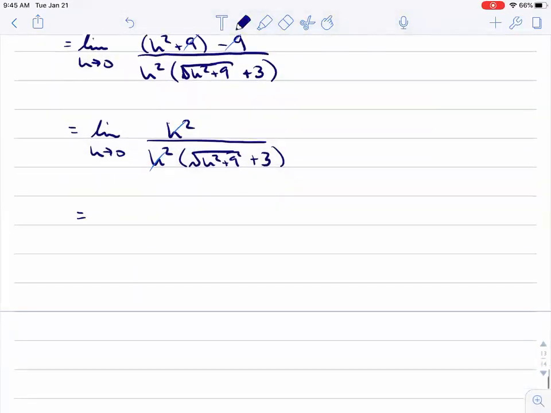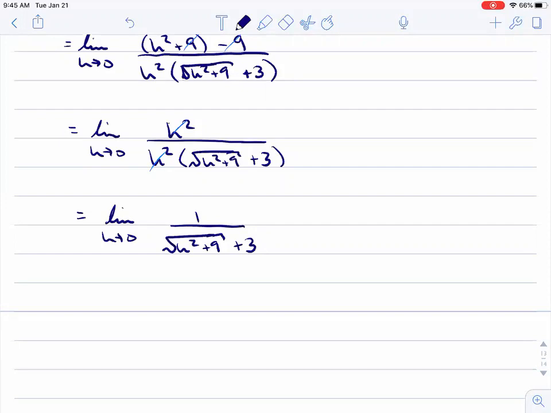Well, this is the same as the limit as h goes to 0 of 1 over the square root of h squared plus 9 plus 3. The nice part about this is if I plug in h equals 0, I'm not dividing by 0 anymore. So we made it a little bit nasty, but we got away from dividing by 0.